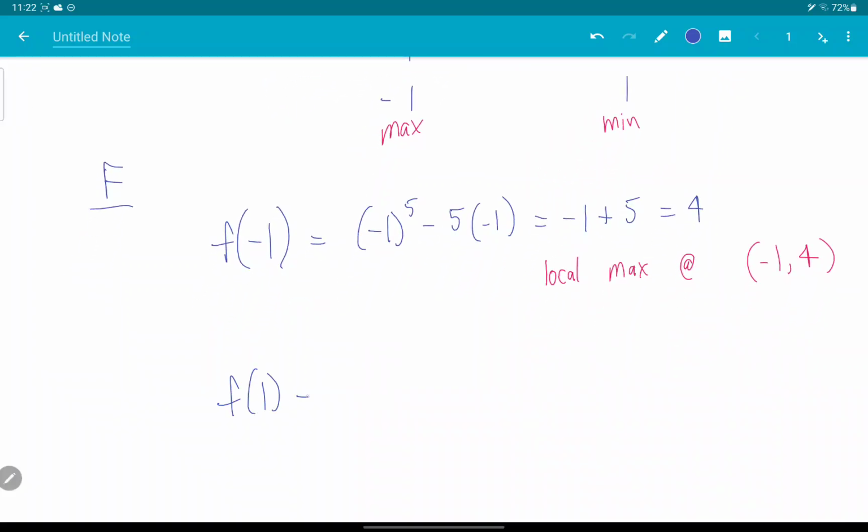F of 1 is 1 to the 5 minus 5 times 1, giving me -4. So we have local min at 1, -4.